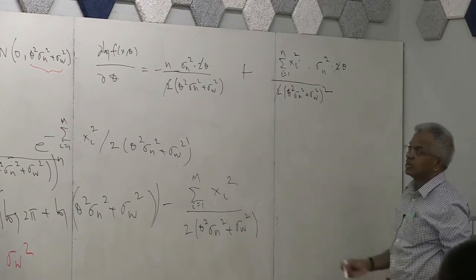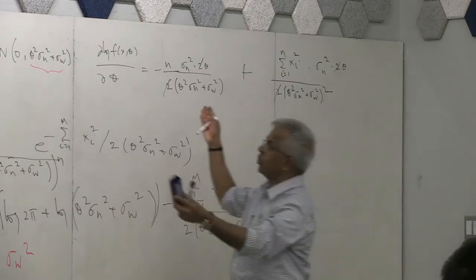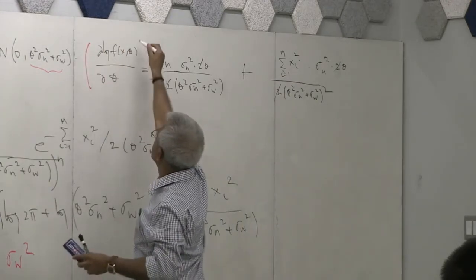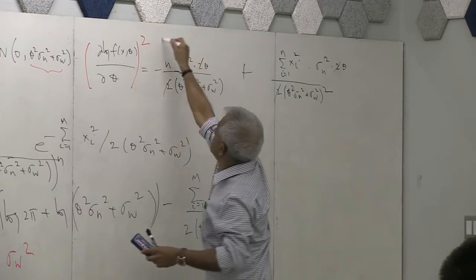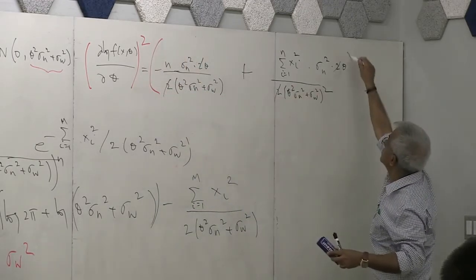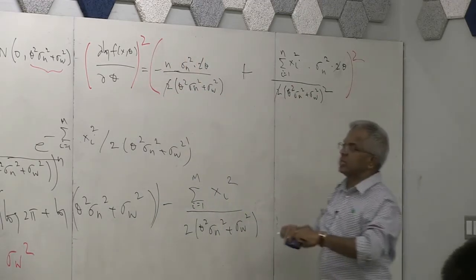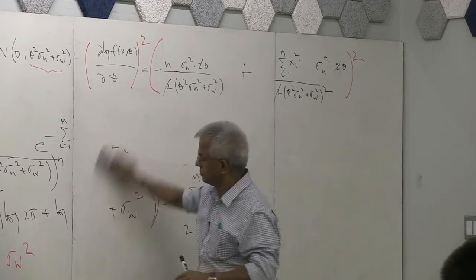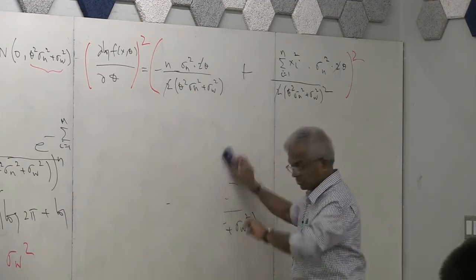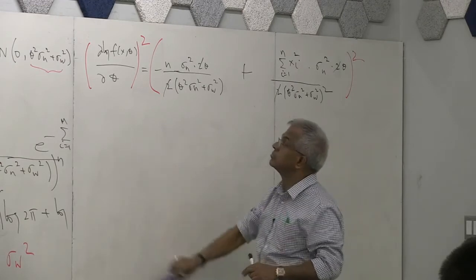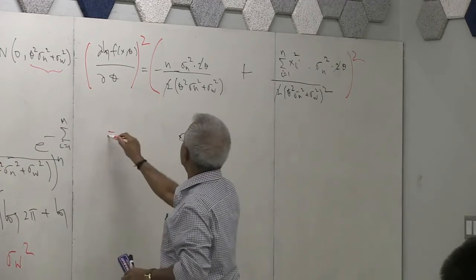So this is good. Now I'm going to square this. Remember, I need to square this quantity, and then we'll take the expected value. So help me.